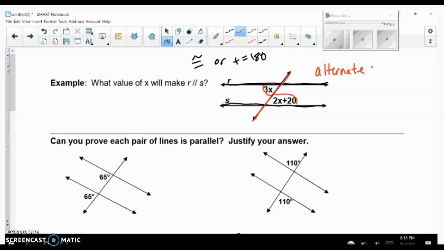So that means that they are alternate interior angles. And if you look back at your notes, you know that alternate interior angles are congruent. So we would write it just like this. 3x equals 2x plus 20. They're the same, so we'll put them on opposite sides of the equal sign. And then we'll just quickly solve for x, and we get x equals 20.